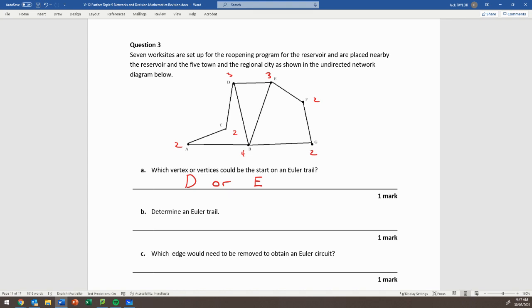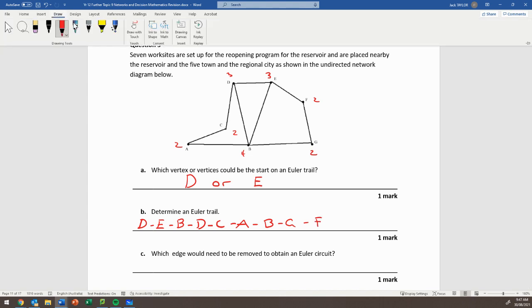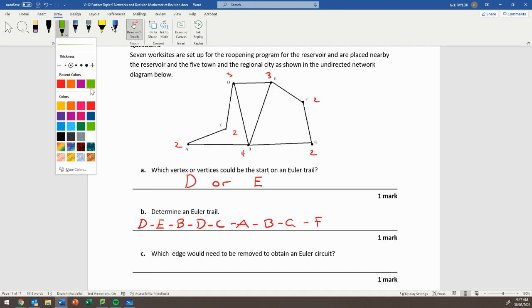Determine an Euler trail. All right, well, there's quite a few, I would say. I'm going to start at 1, so I'm just going to go D, across to E, down to B, back up to D, down to C, down to A, B, to G, to F. So I'm just going to double check that's correct.